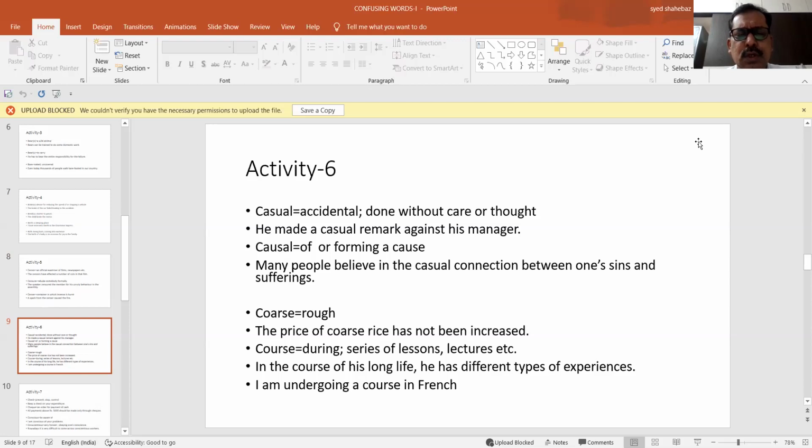The word is course, C-O-U-R-S-E, course. During a series of lessons or lectures, etc. In the course of his long life, he has different types of experiences. So you can say course during the tenure, during the period, during a series of lessons, lectures, etc. I am undergoing a course in French.